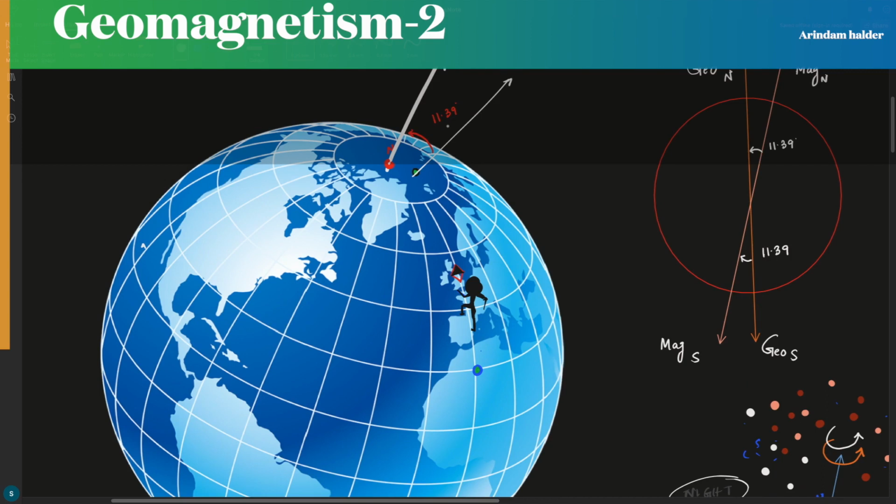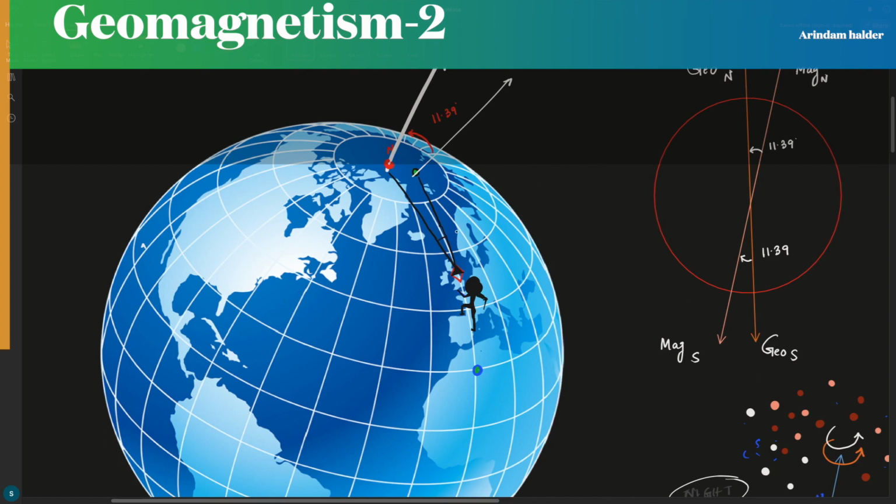So at every point, for example, if I draw a line from here, you will reach there. But at this particular point, if you want to reach over here, these two lines are making some angle here, right?